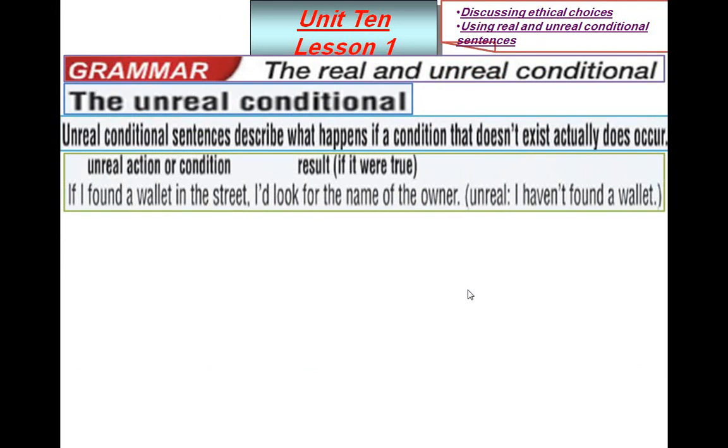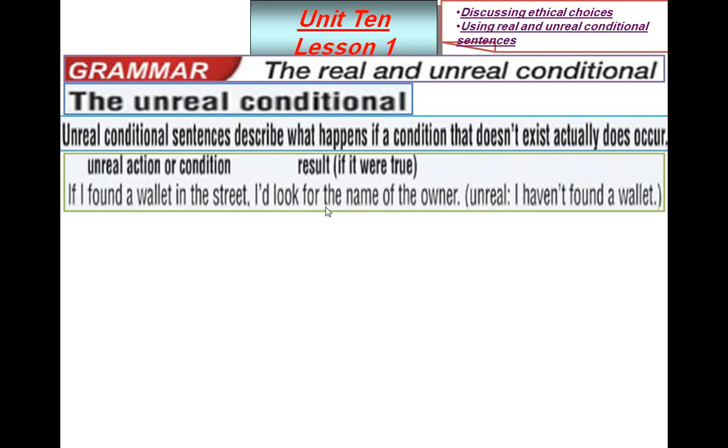That's unreal. I haven't found a wallet yet. That's why we say it's unreal conditional. If I found a wallet, I would look for the name of the owner.